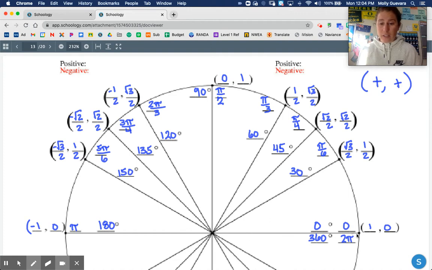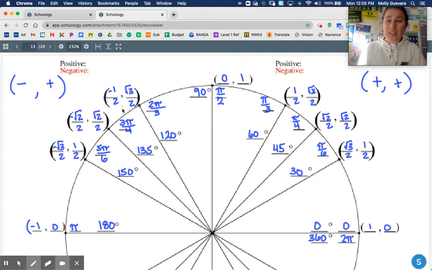So your x coordinates are positive x values, and then when you go up, those are positive y values. For quadrant 2, because you're going to the left, your x coordinates are going to be negative. Notice it's negative 1/2, negative root 2 over 2, negative root 3 over 2. And then your y coordinates are going to be positive because you're going up. So pi over 3 and 2 pi over 3 have the same coordinates. The only difference is that the 1/2 is negative at 2 pi over 3.